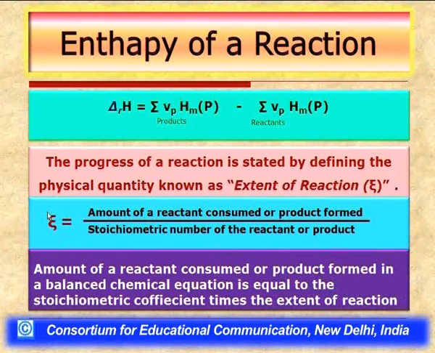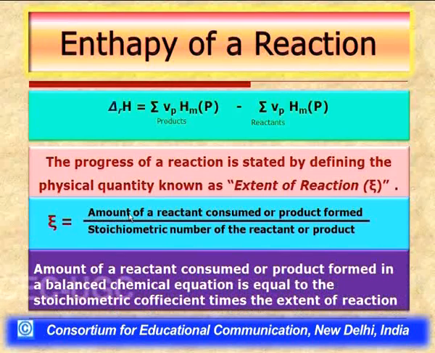Extent of reaction basically gives an idea about to what extent the reaction has proceeded in the forward direction. The amount of a reactant consumed or product formed in a balanced chemical equation is equal to the stoichiometric coefficient times the extent of reaction.